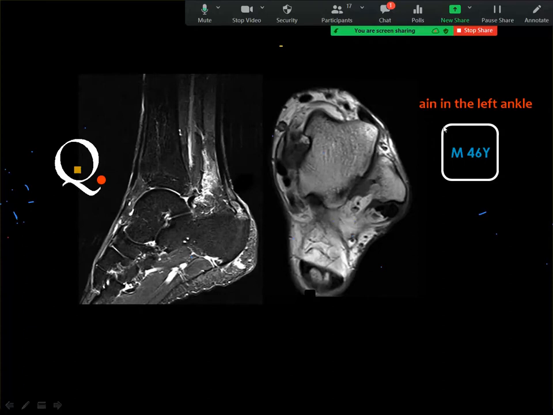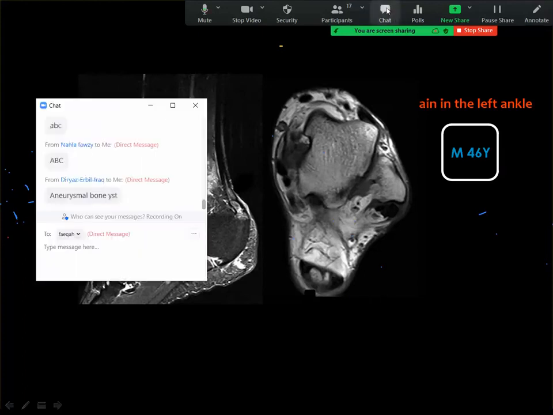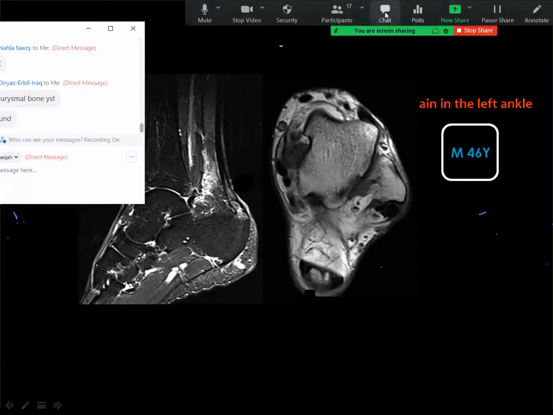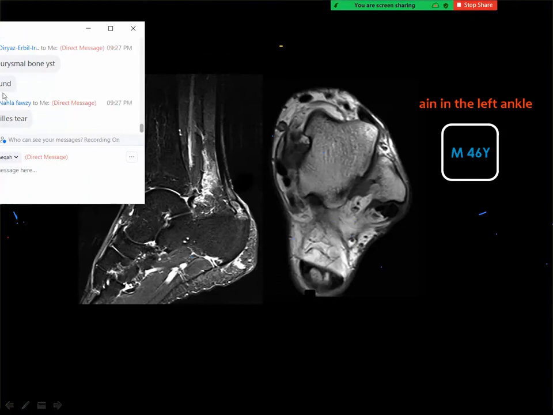And this patient with pain in the left ankle joint, and you see this is sagittal STIR and axial T1. Yes. Well, its name is Haglund syndrome, if you want to say that.